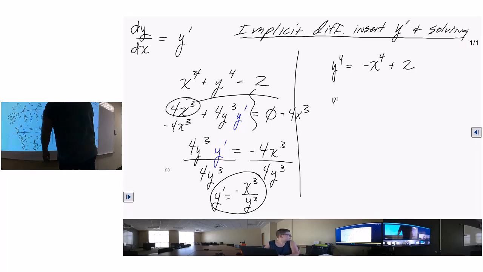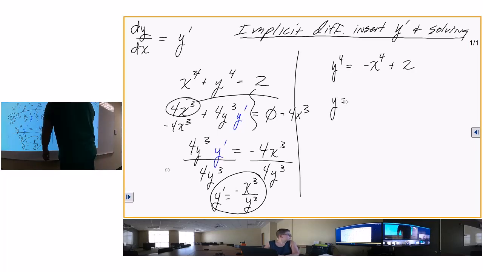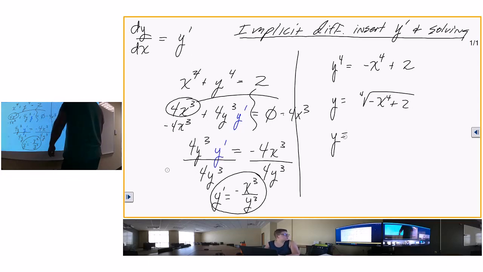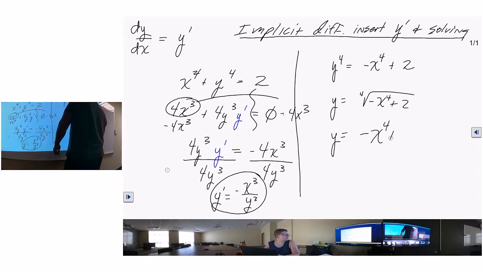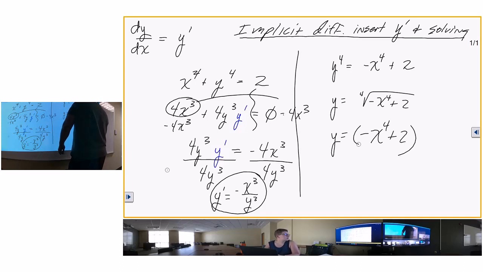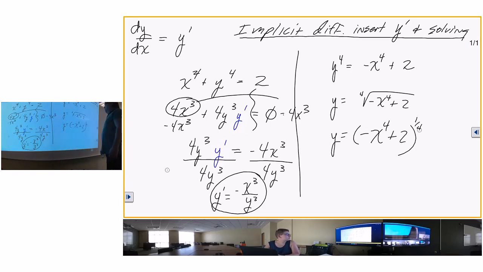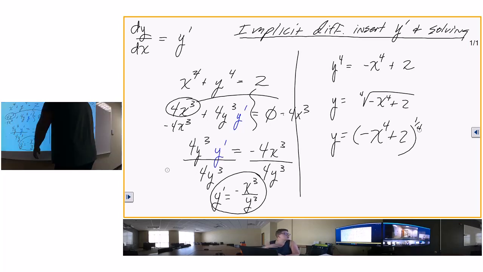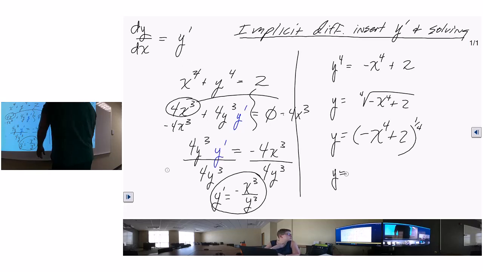And y is equal to the fourth root of negative x to the fourth plus 2, and y is equal to negative x to the fourth plus 2 raised to the what? 1/4 power. And then you could go in and do the chain rule. Let's see what we get, because I don't know if it will work out. We'll have to do a lot more algebra.